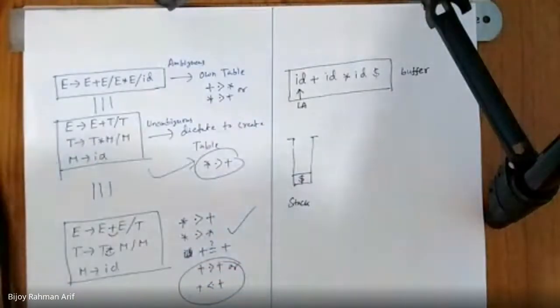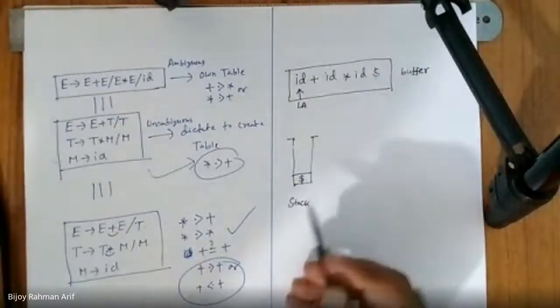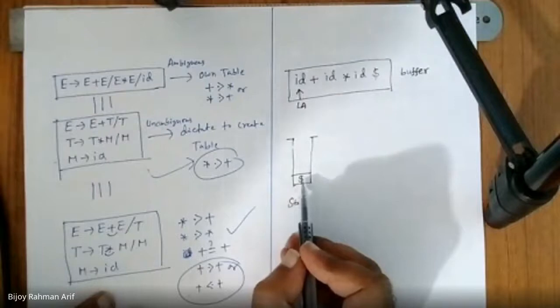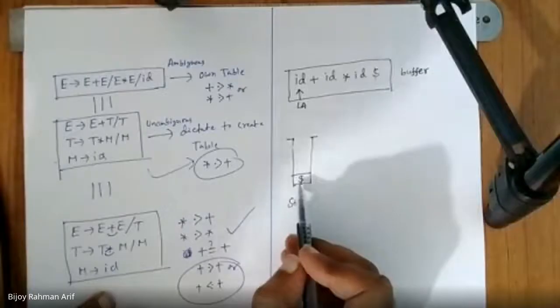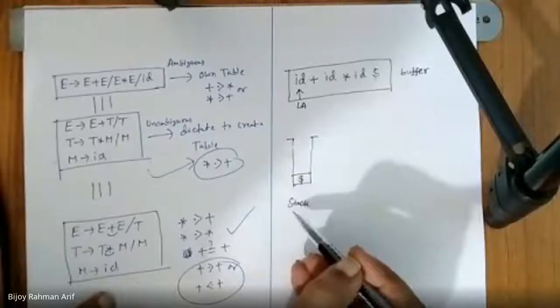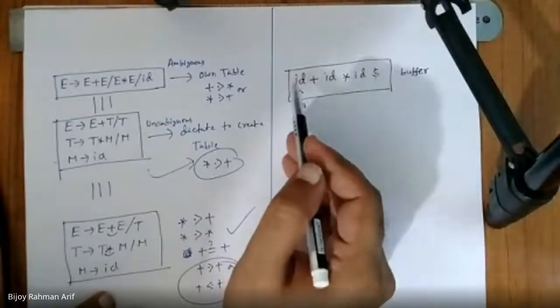All right, guys. Now start. What is my stack? Dollar. And what is my look ahead? ID. So in the stack I have dollar, and in the buffer I am currently pointing to ID.